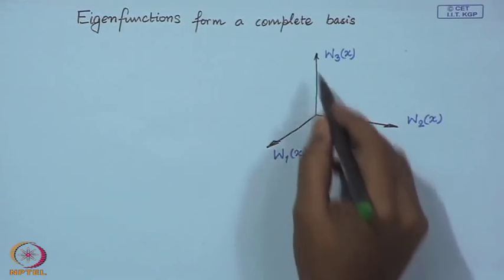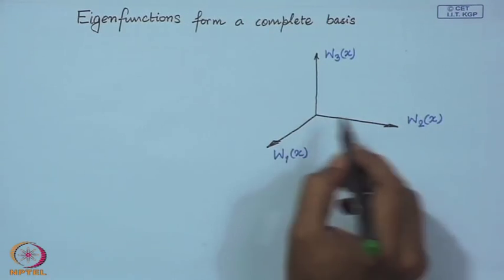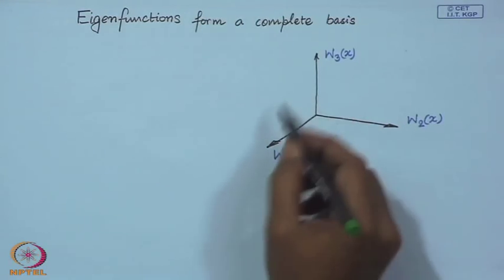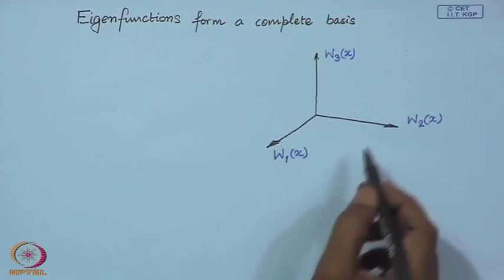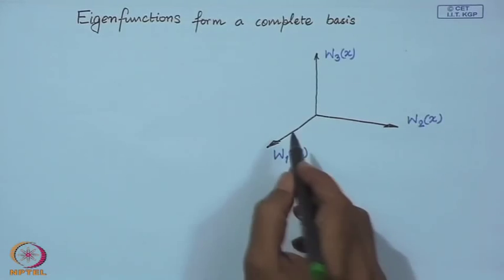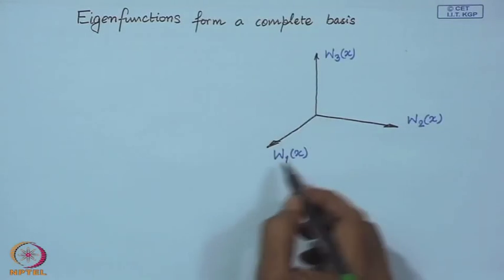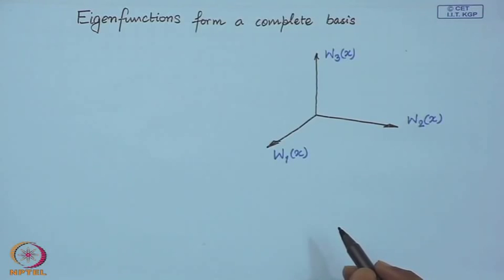Here I can draw only 3, and with a little stretch of imagination you can think of this as an infinite dimensional space with each axis labeled with one eigenfunction.